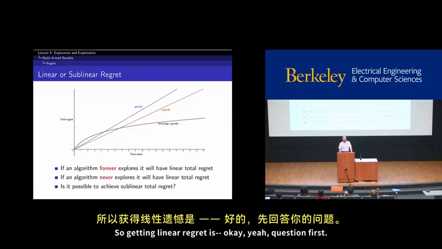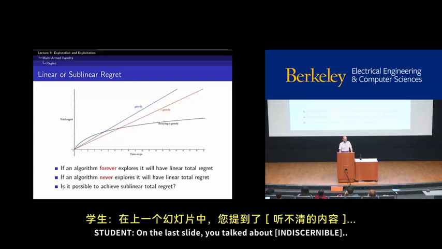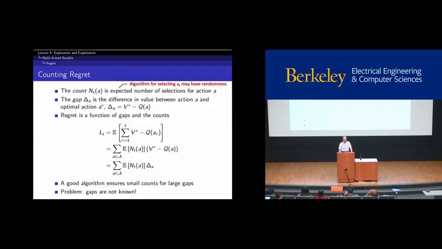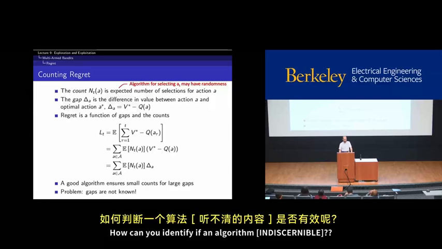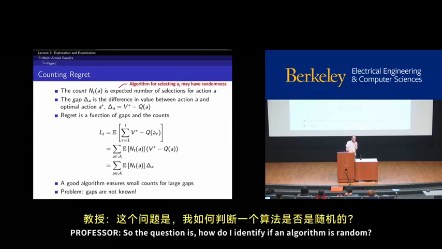Question first. The question is, how do I identify if an algorithm is random?